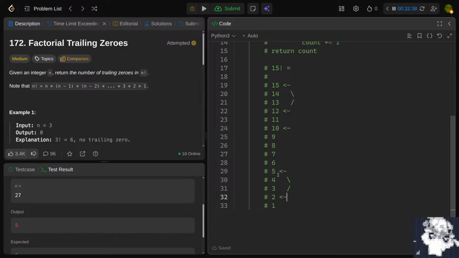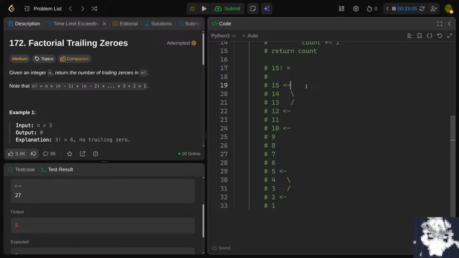So this first 2 and this 5, when you multiply this 2 and this 5 together, you get 10. If you divide that out of the product, then these go away. This 10 goes away also.